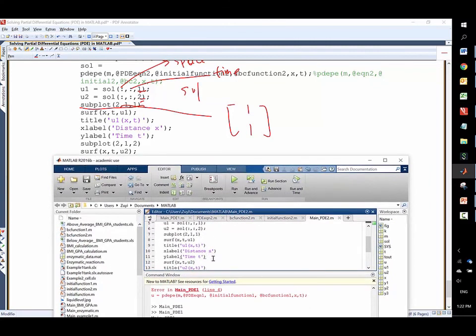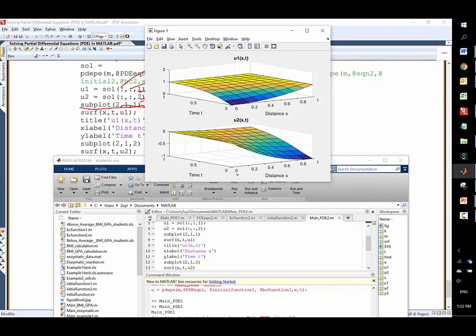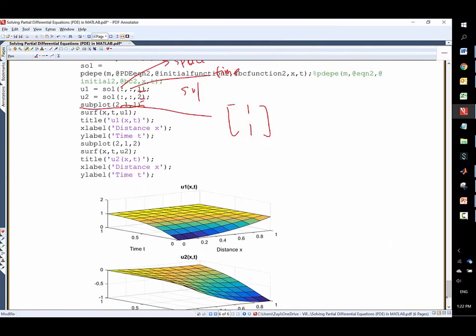I need to put subplot, right? This means we're going to get the second profile, the first row and the first column, and the second row. This means two figures, and this means the column, and this means the first column. This means the second row. Okay, now let's run it. So we should get the same result as the one we have here.